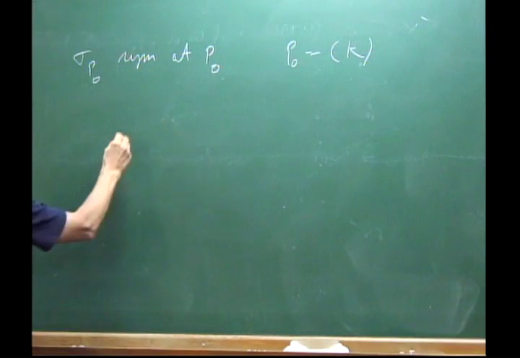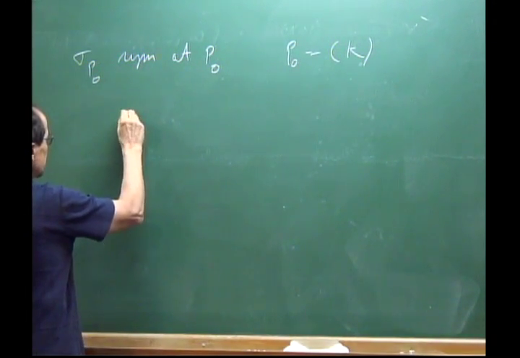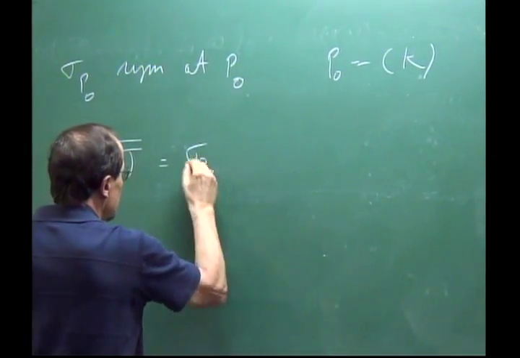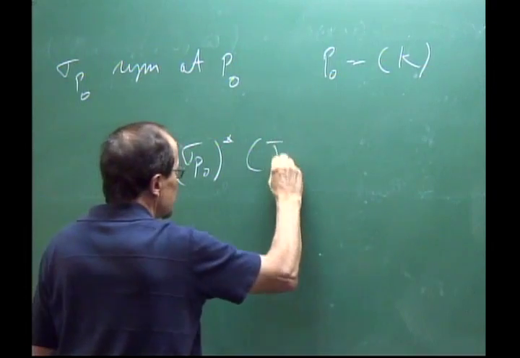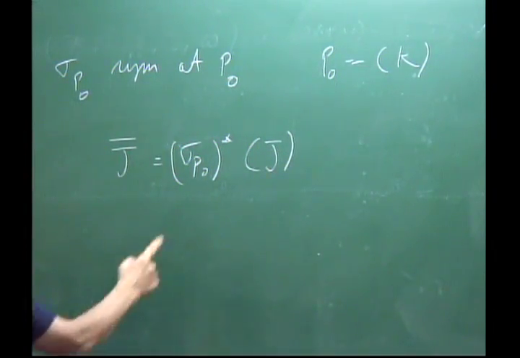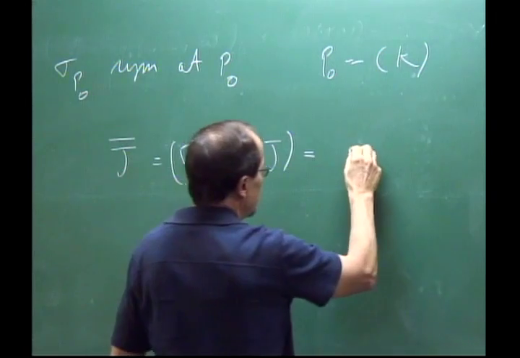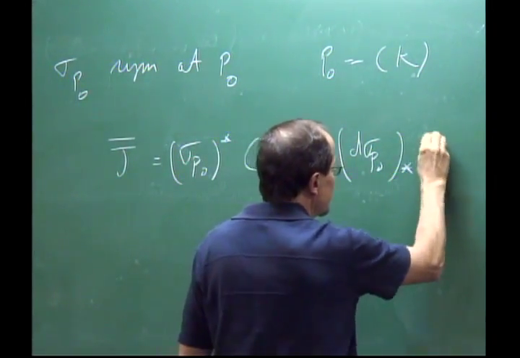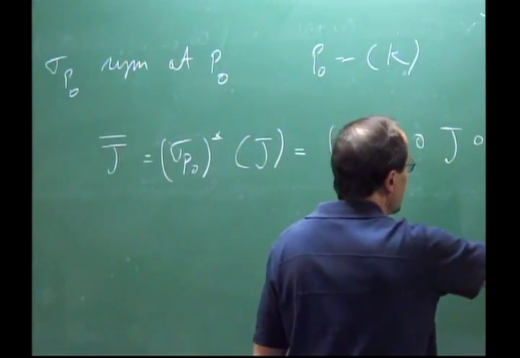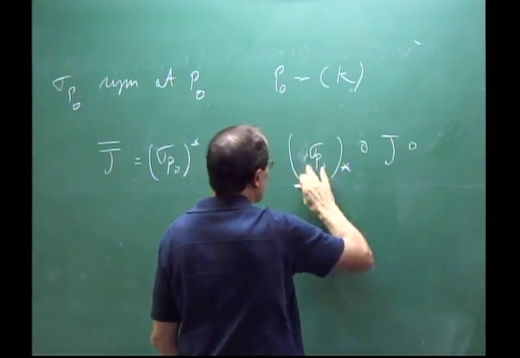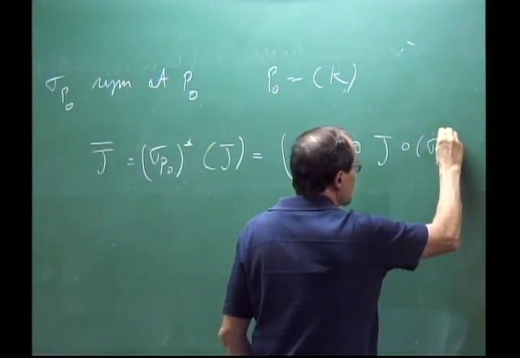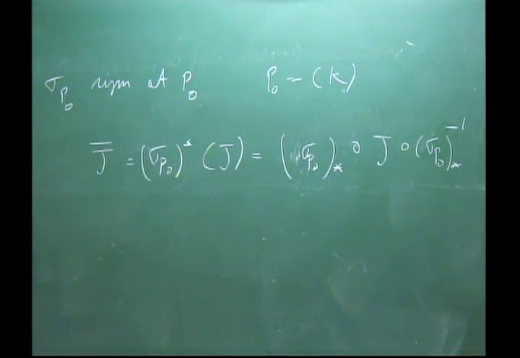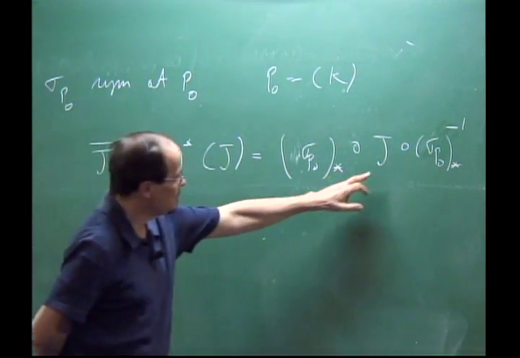And then I want to look at a new complex structure. Let me call it J bar, which is the complex structure J pulled back with my symmetry. By pullback, I mean the usual thing, the same thing I did over there. Just like I pull back forms, right? I can pull back any tensor, and that's what I mean by that.